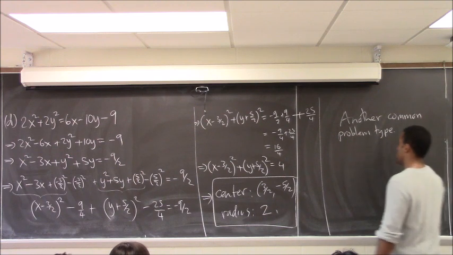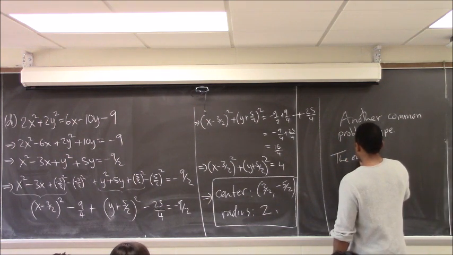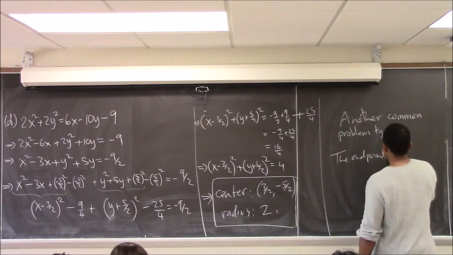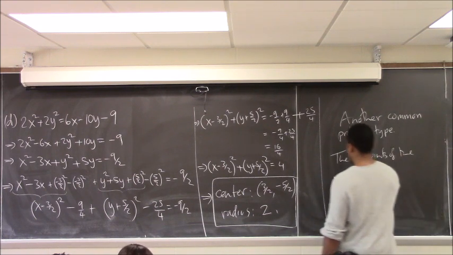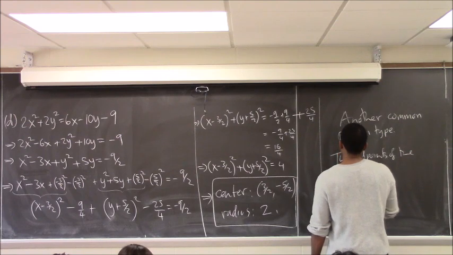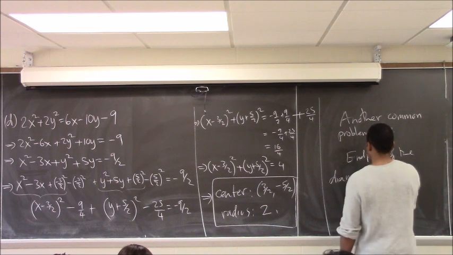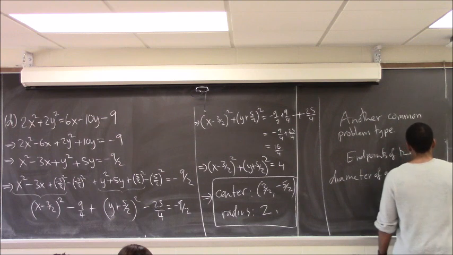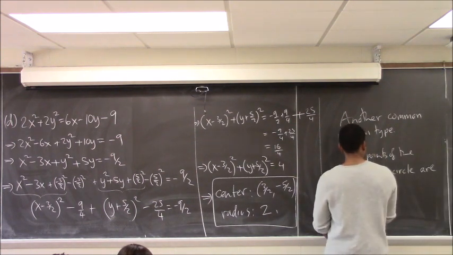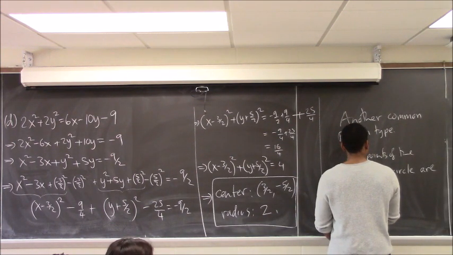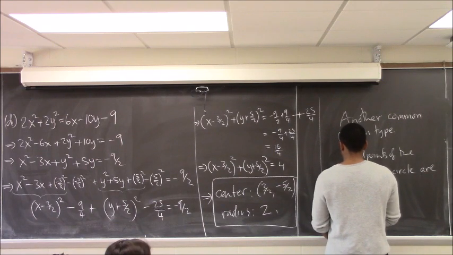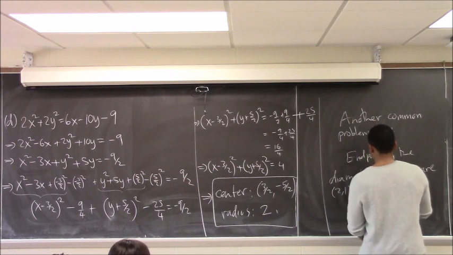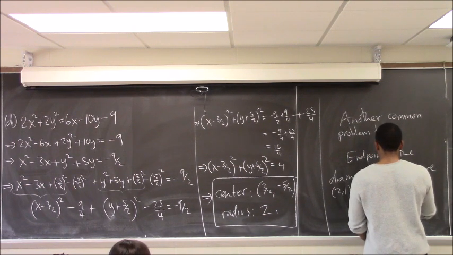They tell you something like: the endpoints of the diameter of a circle are, let's do the guy we saw earlier, 2, 1, and 4, minus 7.